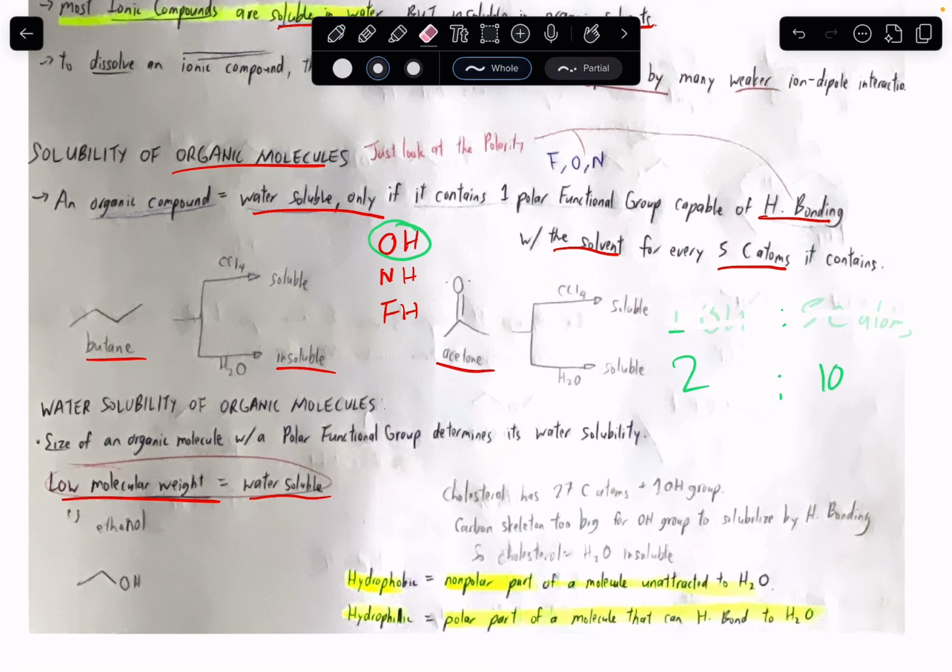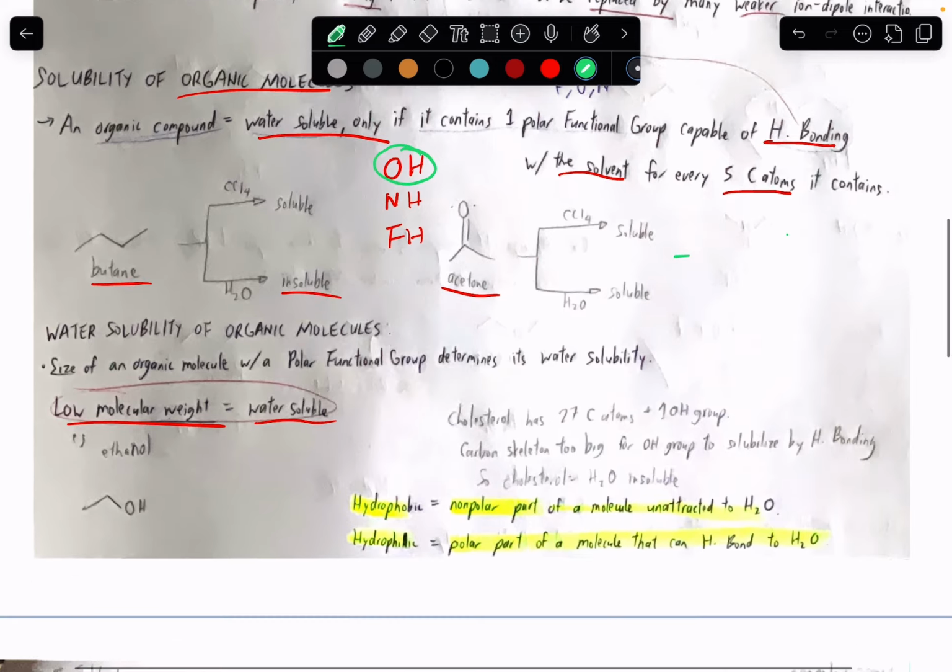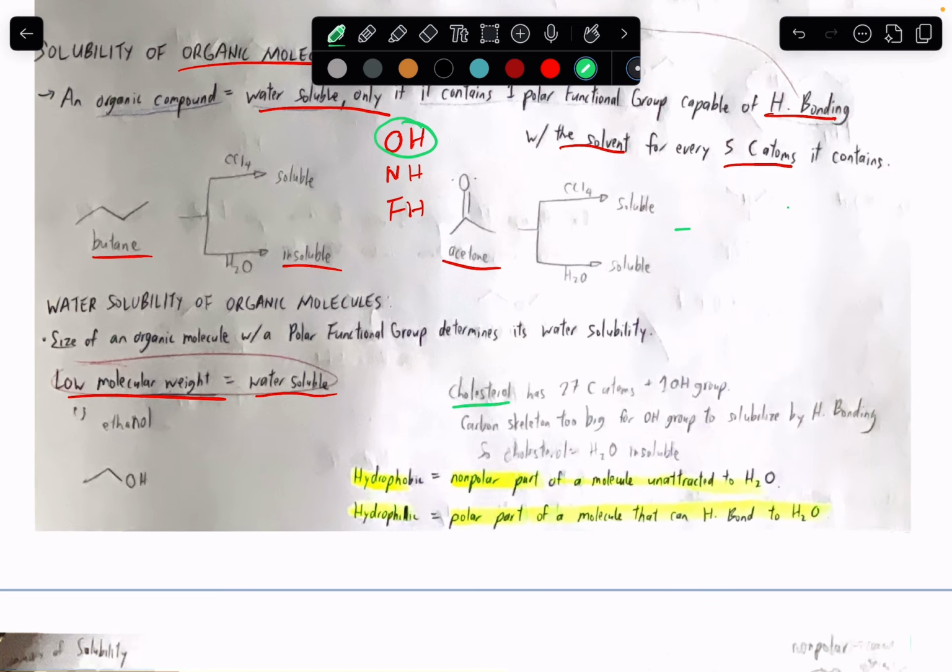Parang ganun. But kasi, in the case of cholesterol, we only have one OH group. And we have 27 carbon atoms. That's certainly bigger than 5, diba? So, this is an example.